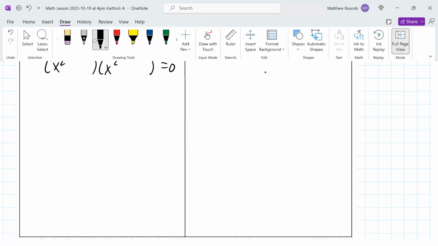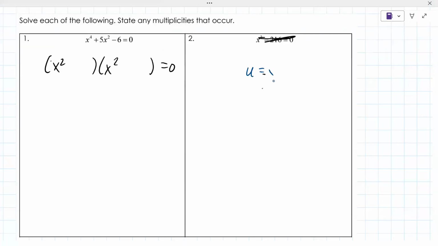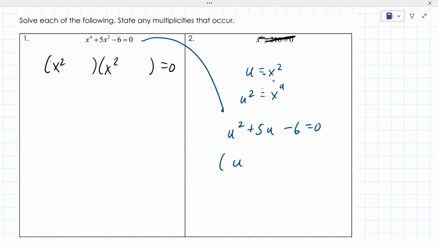Let me just cross this one out for now so we can look at that later. They'll sometimes do a substitution like u equals x squared, and then u squared is x to the fourth. And so they rewrite the original as u squared plus 5u minus 6 equals 0, and then they factor it the same way that they do other problems.